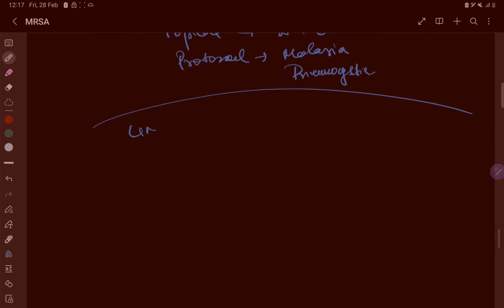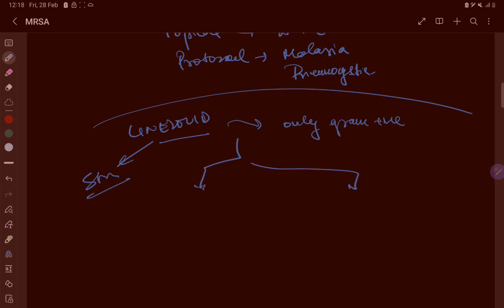Other is the linezolid. Only gram positive. ठीक है. अगर इससे रेसिस्टेंस हो जाएगा तो क्या आएगा? स्ट्रेप्टोग्रामिन्स. ठीक है. Now linezolid very important.